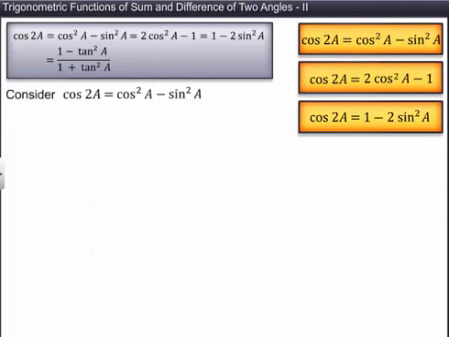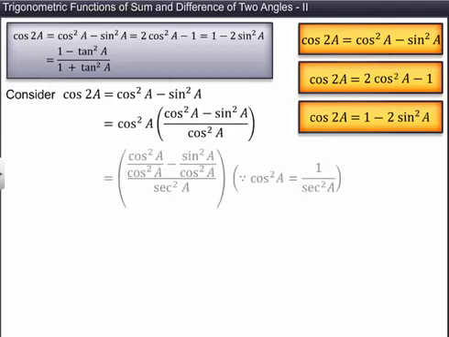Now, let us again consider cos 2A is equal to cos square A minus sine square A. Multiplying and dividing the right-hand side by cos square A, and then rearranging the terms, we get this.